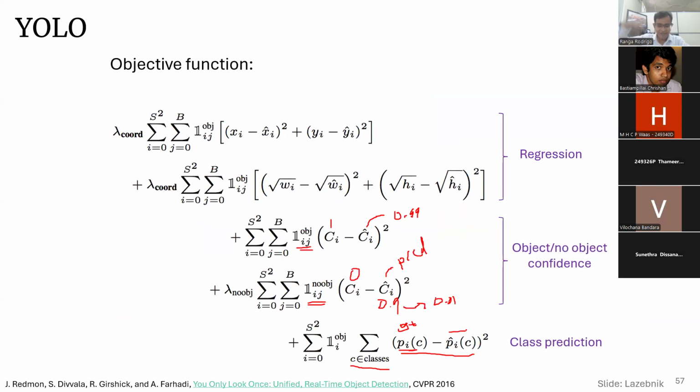It will predict some probabilities and they will be pushed toward the ground truth probability vector. So I hope that this is quite clear to you now, how the YOLO structure is constructed and how the loss function works. I hope you now understand how this important classifier called YOLO works. Any questions about YOLO?